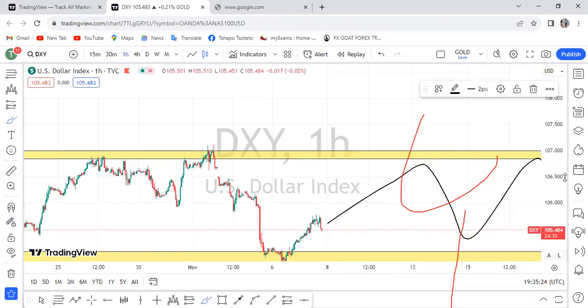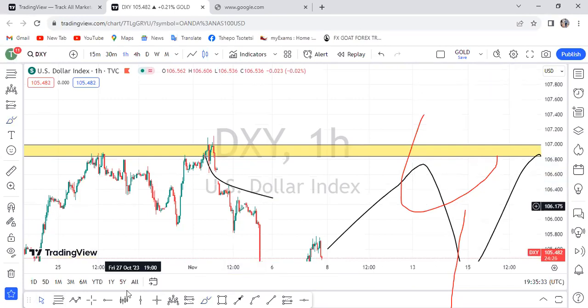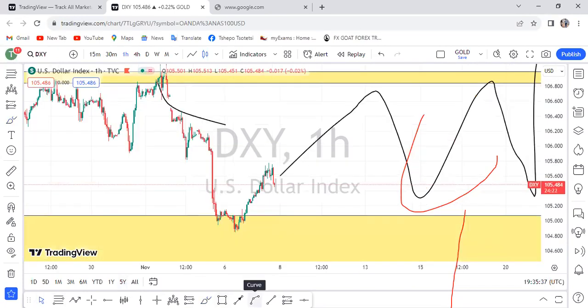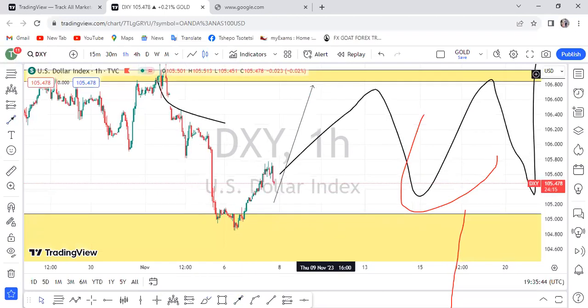But according to my analysis, I'm expecting the dollar to push to this level. Then from here, we'll see if it's gonna go down or it will break and continue going up. So that's what I have on the dollar.